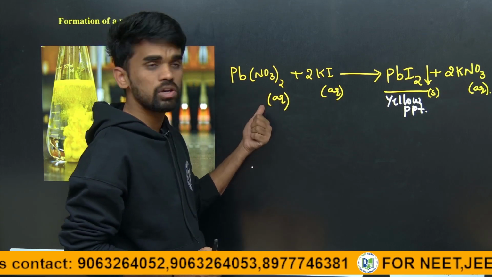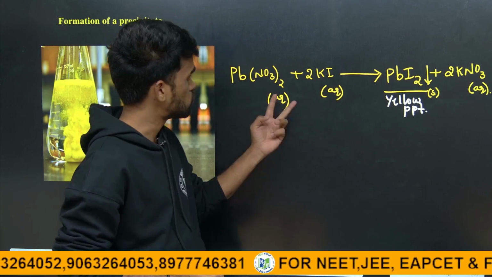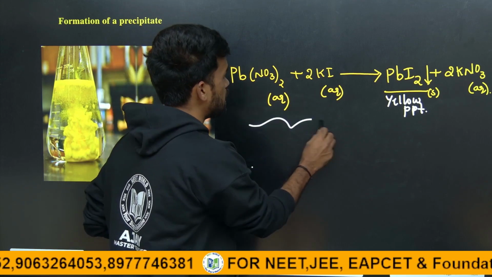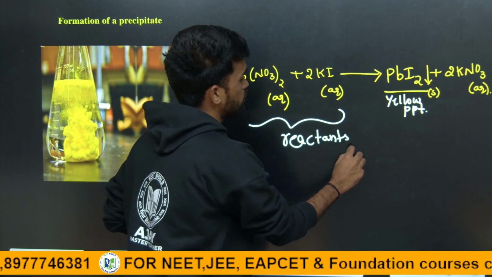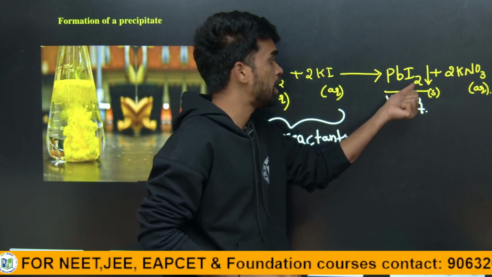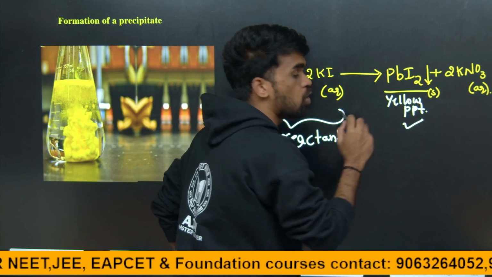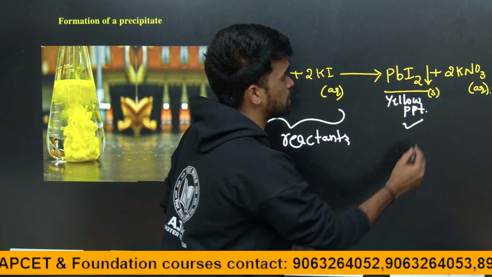The aqueous solutions of lead nitrate and potassium iodide are taken and added, so the reactants are colorless. When these are combined, we get lead iodide precipitate, which has yellow color. What color? Yellow. This is a precipitate, so it is solid in form.